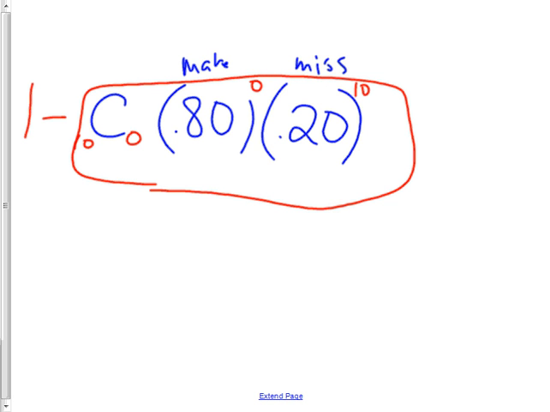I'll warn you, it's a tiny probability because this one that I circled here is tiny. So when you take 1 minus that tiny number, it almost is still equal to 1. Because if you think about it, if you're an 80% free throw shooter, aren't you going to make at least 1? Yeah, you're almost certain to make at least 1. So your answer is very close to the perfect 1 probability.